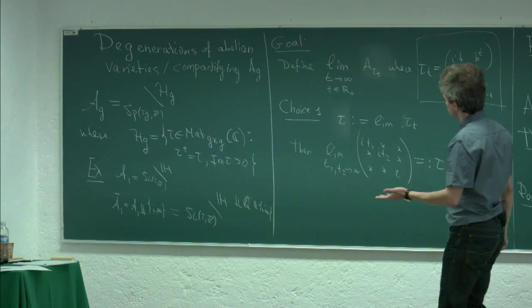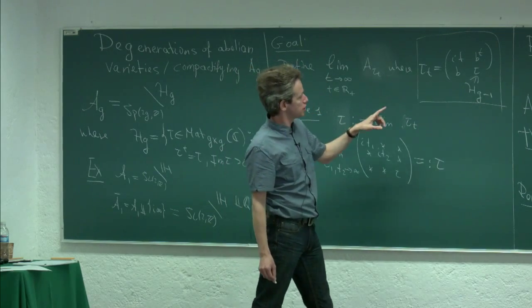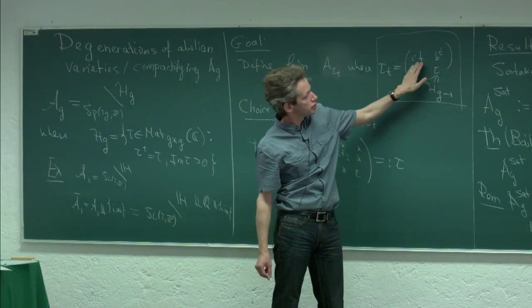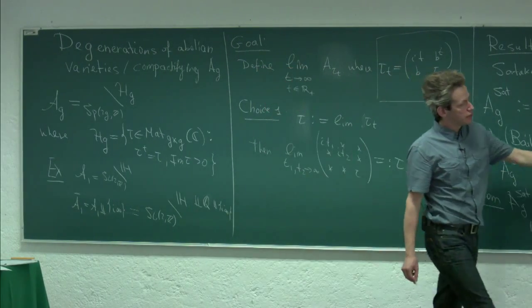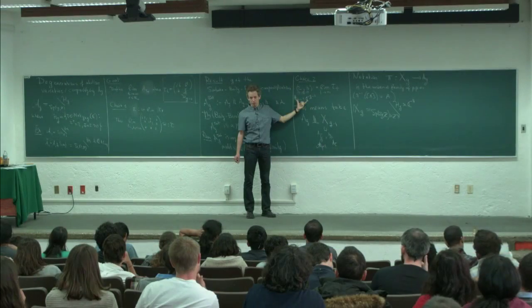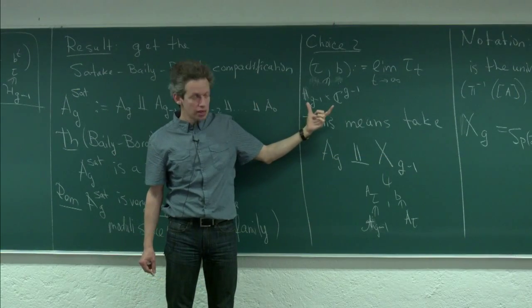So I have decided to declare, motivated by what we were doing last time, that a limit of this family, where this goes to infinity, is such a pair. This gives me a way to attach this locus to the Siegel upper half space.